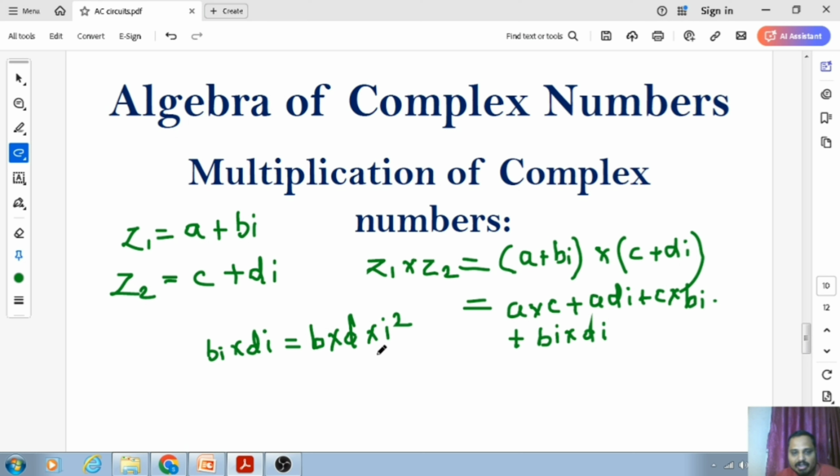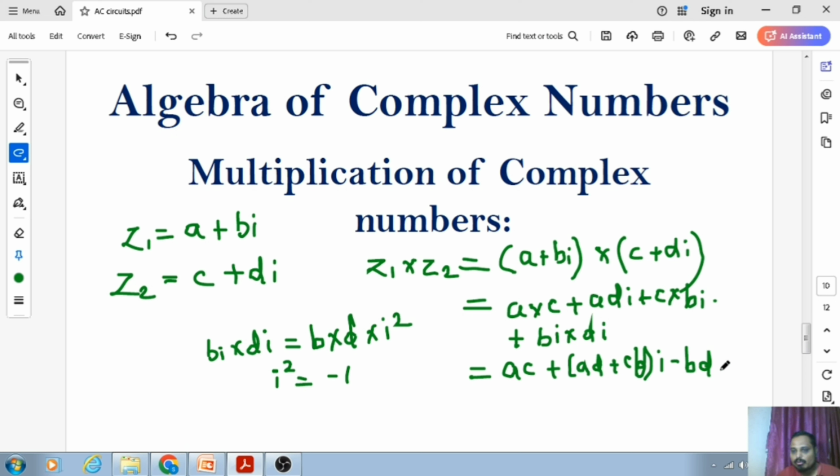So i square is nothing but -1. So in the end we have ac plus, in brackets, (ad plus cb) multiplied by i, minus b times d, since i square is -1.